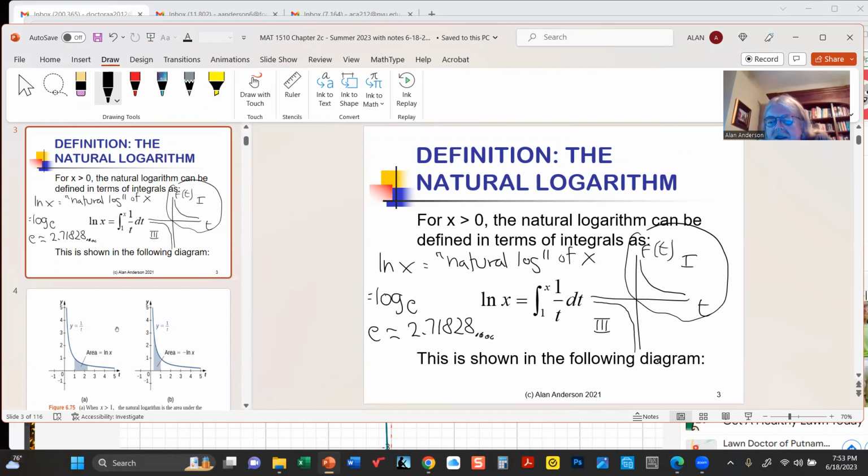From 1 to x, whatever x happens to be. So this shaded region here is the natural log of x. Now x could be 3, it could be 7, it could be 15, it could be anything. But whatever x is, this shaded region is the natural log of x.